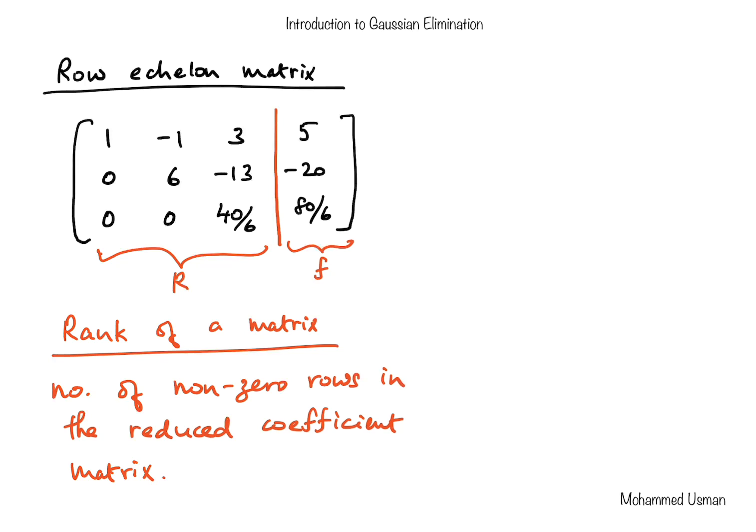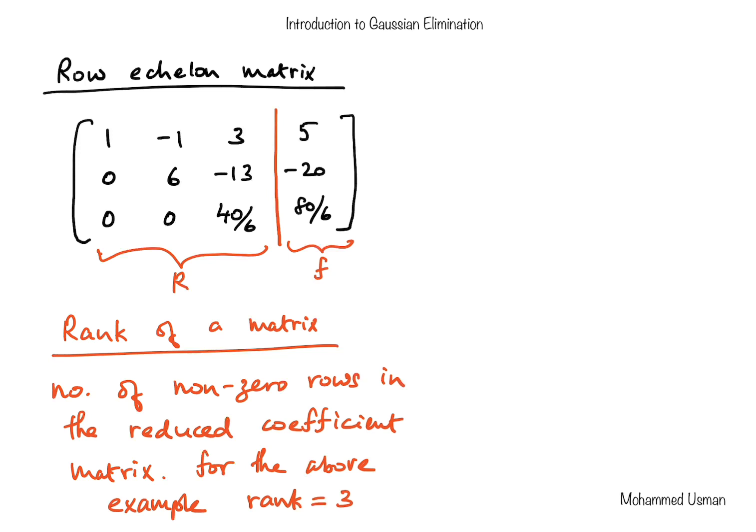In this particular example, the rank is equal to 3, and rank is an important property of matrices to determine whether it is possible to solve the matrix or not, whether the solution exists or not.